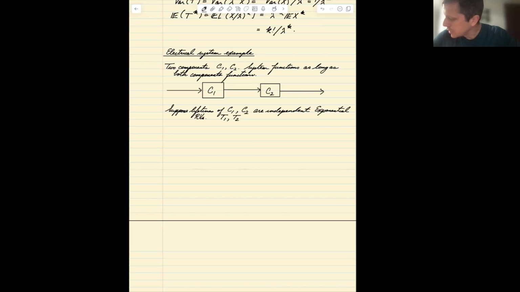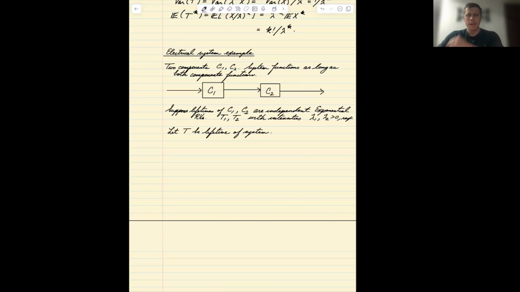They're going to be T1 and T2 with intensity parameters lambda 1, lambda 2, respectively. And we're going to let T be the lifetime of the system. So the lifetime of the system is how long the system can stay operable before it fails.